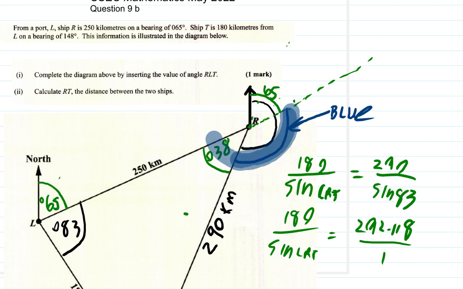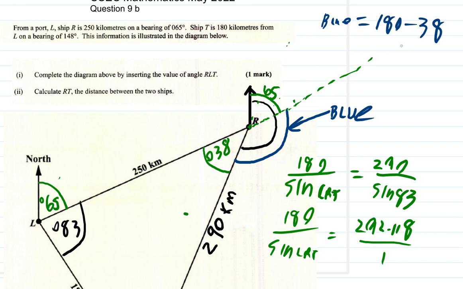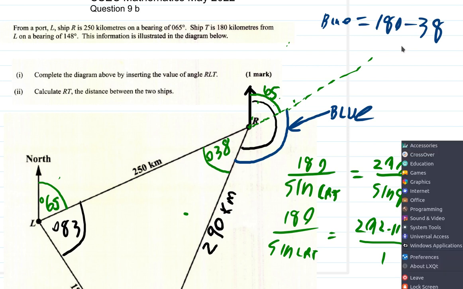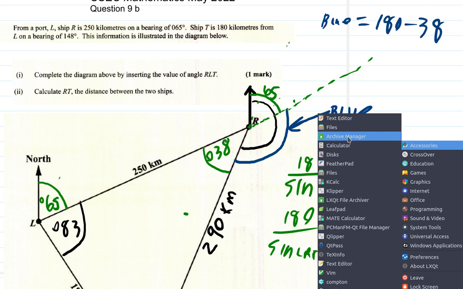You see that? So, to find the angle blue would be 180 minus 38 degrees. All right? What is 180 minus 38?